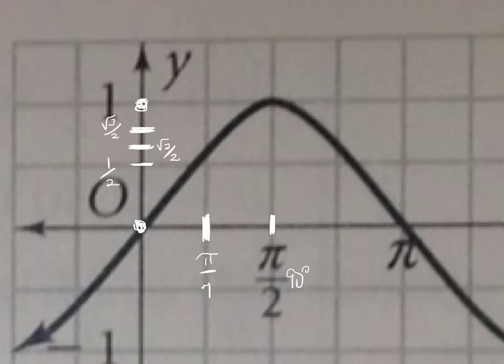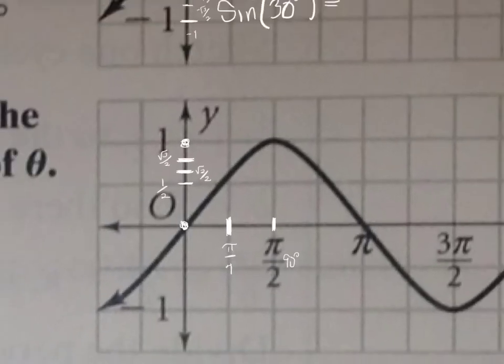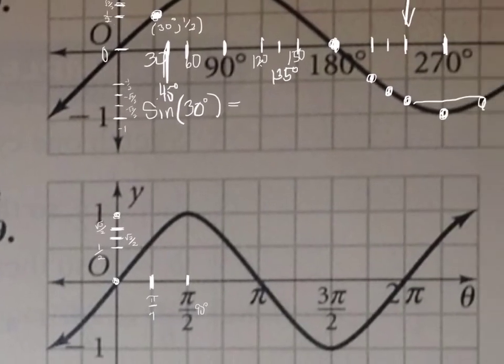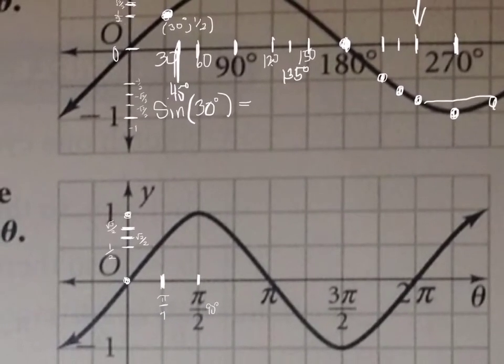So the labels on this graph are not exactly the same as the labels up here. Up here, they took pi over 2, which is 90 degrees, and chopped it up into 30, 60, 90. Down here, they take pi over 2 and chop it up into 0, 45, 90.